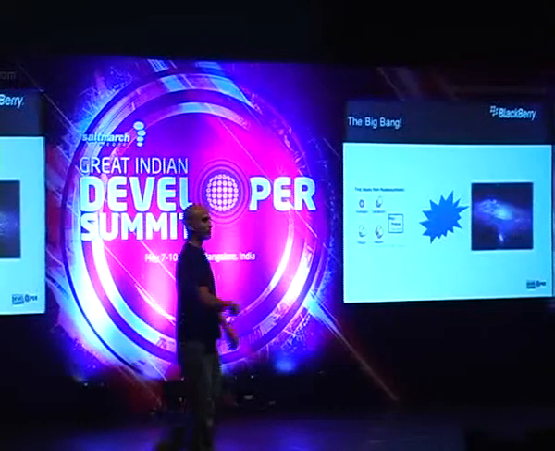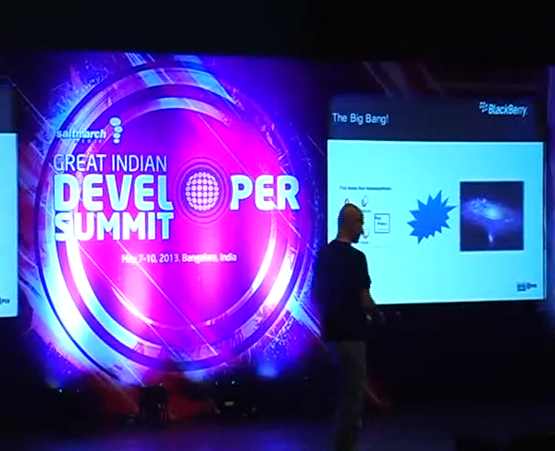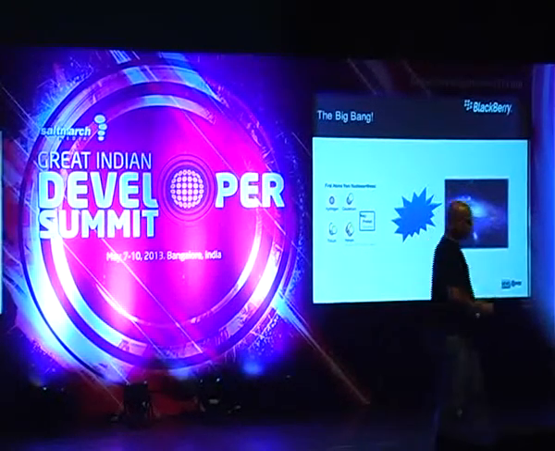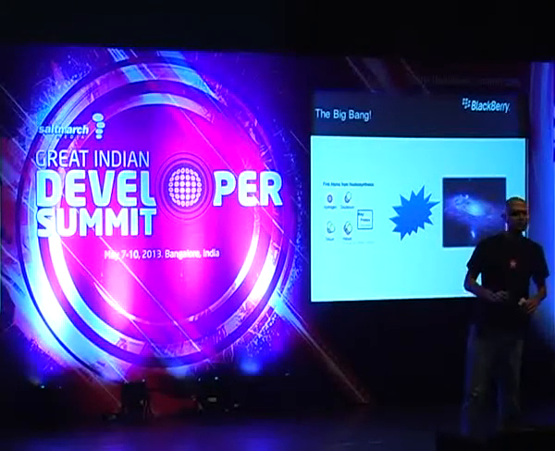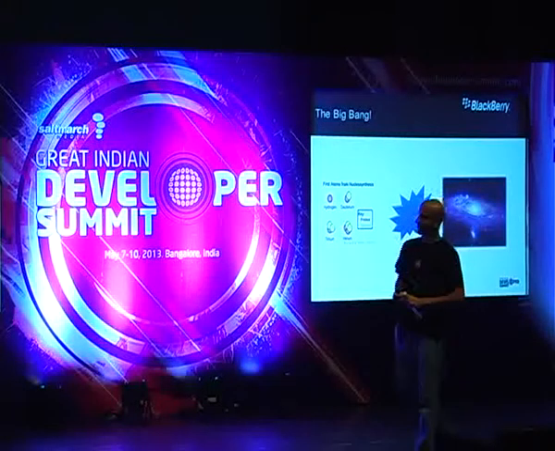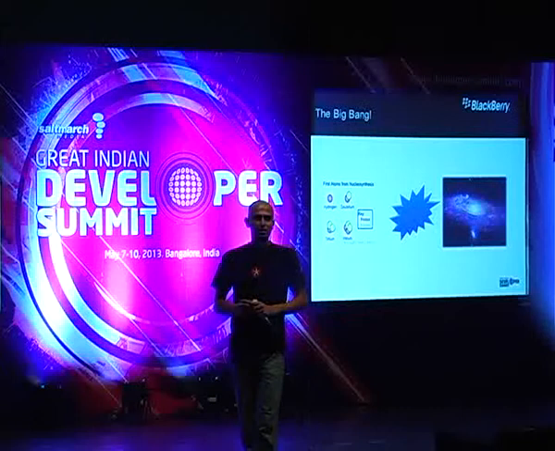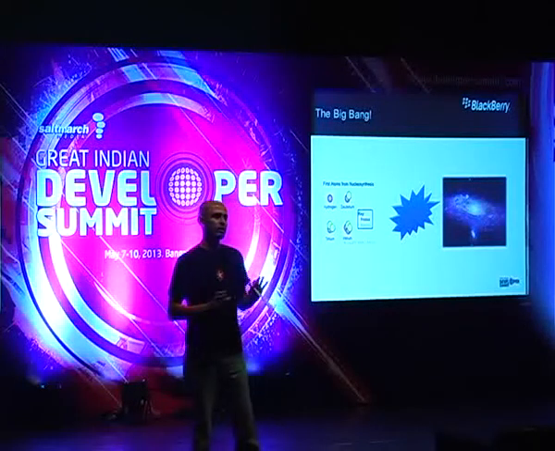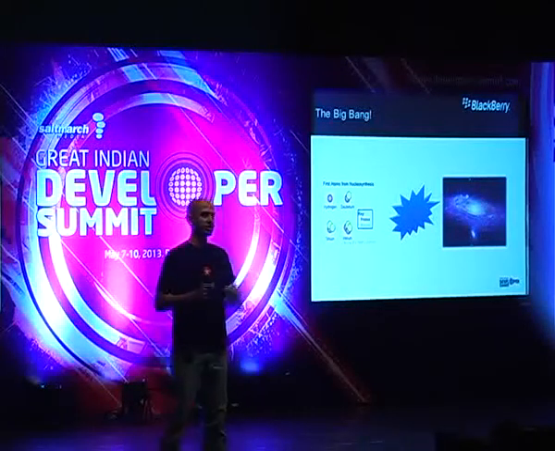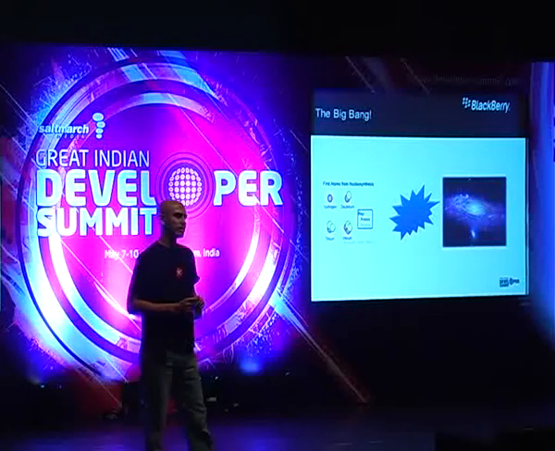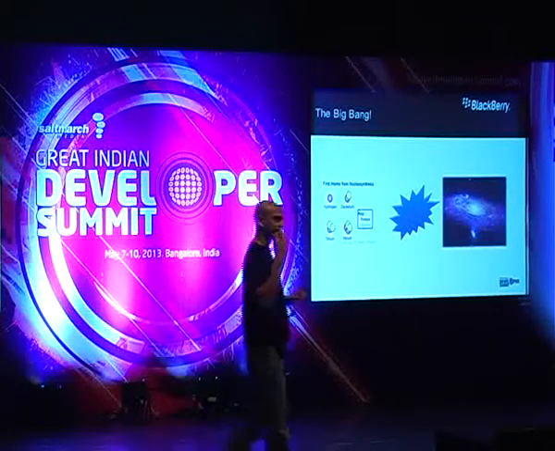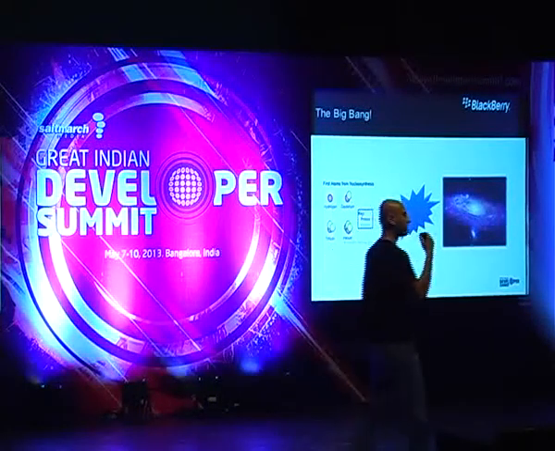So let me take you back 14 billion years, back to the Big Bang. I've always been fascinated by cosmology, and the most interesting thing about that is the process of nucleosynthesis, right? Just imagine for a second, everything that you see today that's built was created from some basic building blocks, helium and hydrogen.